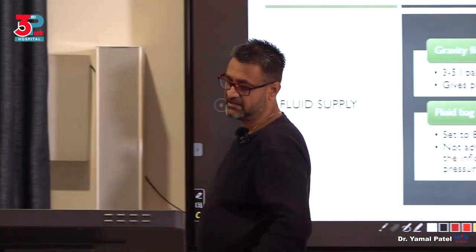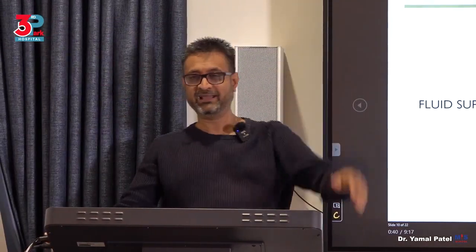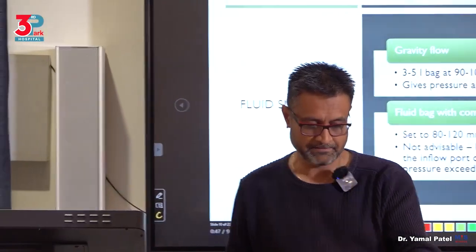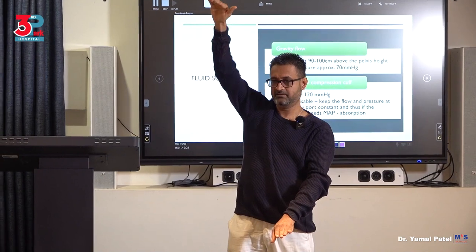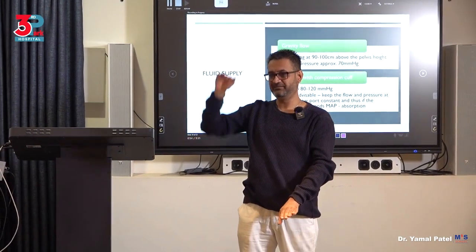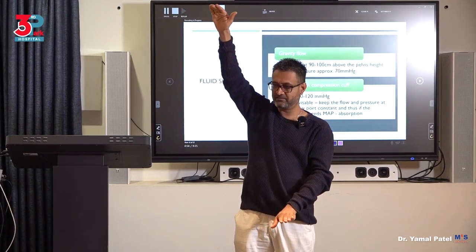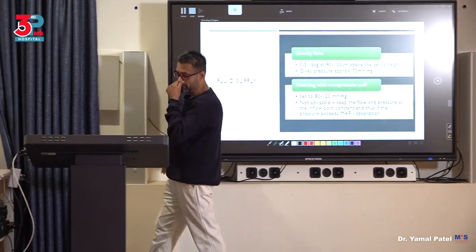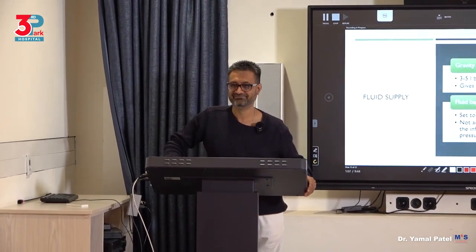And if you hang a 3-liter bag at around 90 to 100 centimeters, which is a meter above the pelvis height, so the patient is lying here on the bed, and you put the bag at this height. Even our IV stands, the bag is up here, right? So when you put it at roughly a meter above the height of the patient, it will give you a pressure of around 70 millimeters of mercury.